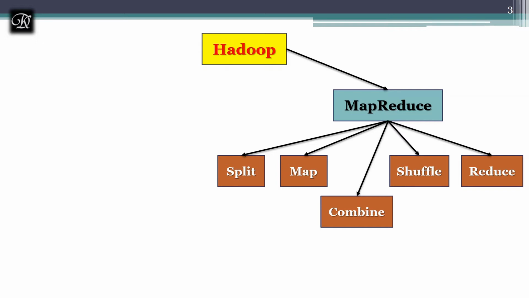The MapReduce model is inspired by the map and reduce functions commonly used in many functional programming languages. The functional nature of MapReduce has some important properties. First, the data flow is in one direction, that is, map to reduce. It means it's unidirectional.